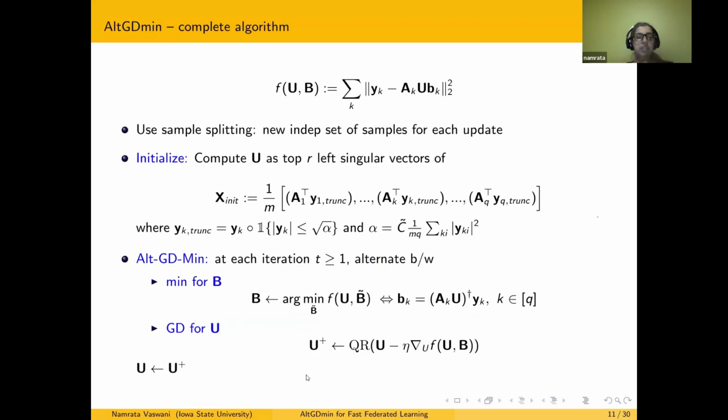So here's your complete algorithm. The QR step is done just to orthonormalize U, so that the norm of U always remains 1, and the norm of B won't keep going up or down too much.